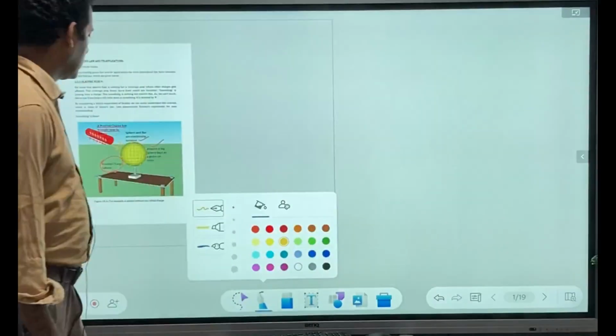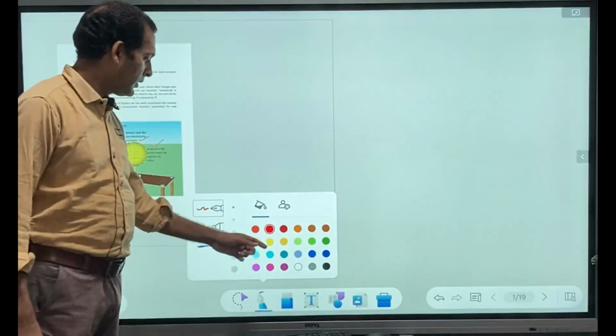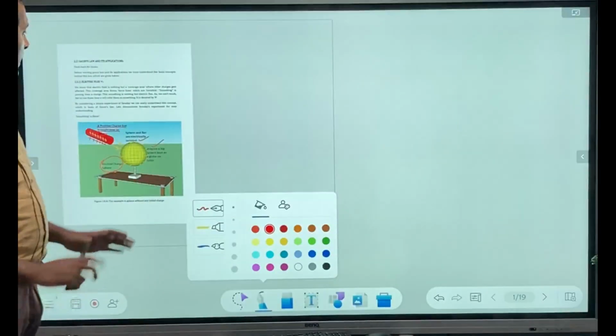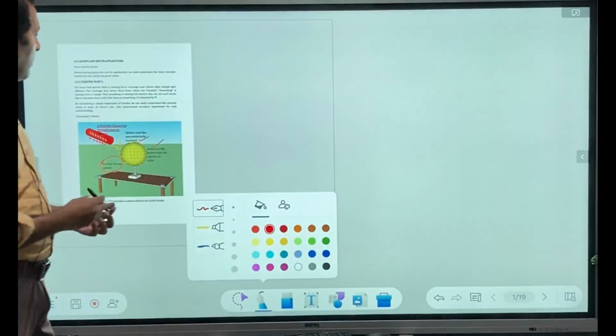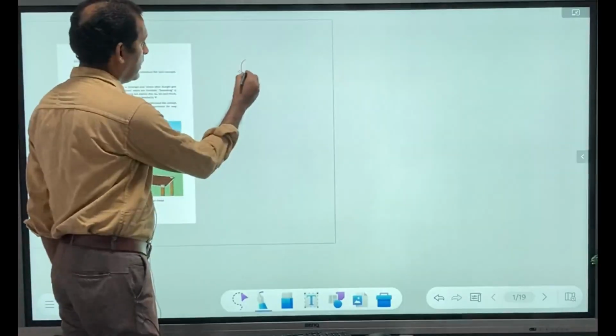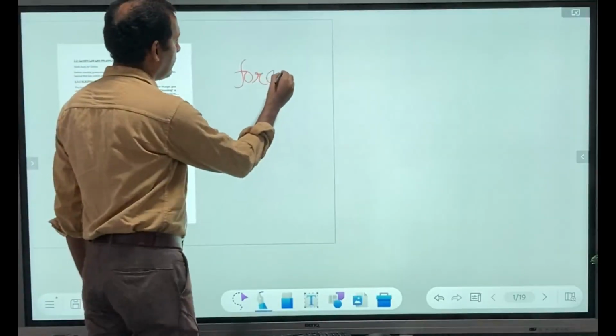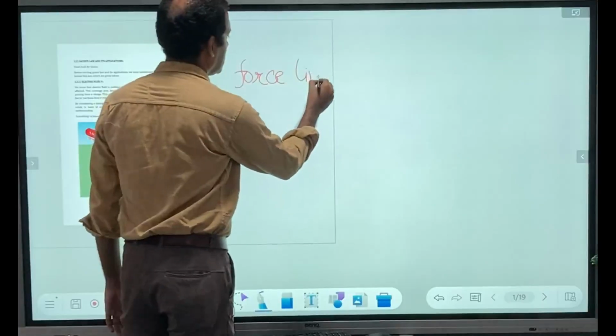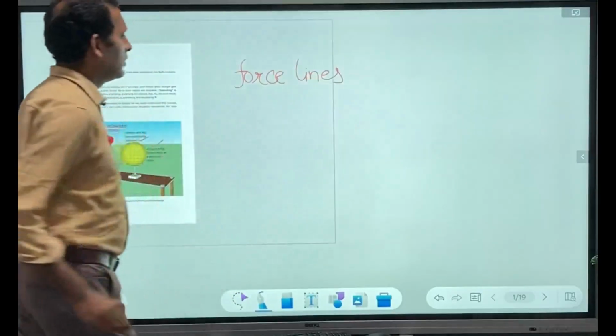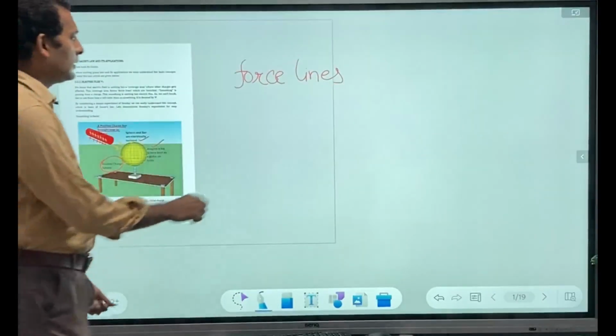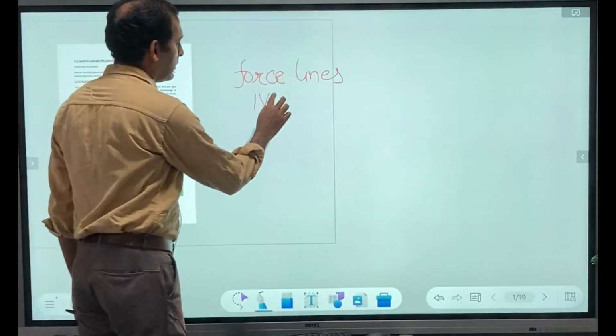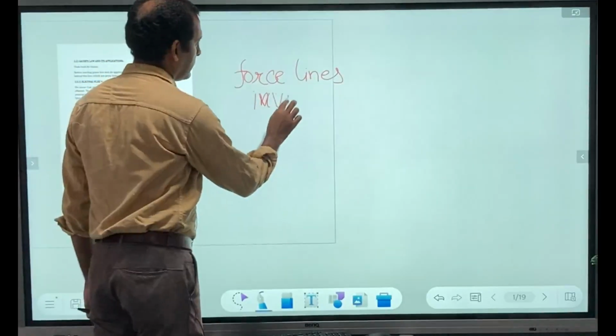So Faraday, and Oersted before him, they all experimented on some force lines, some invisible force lines which are not visible to our eyes.